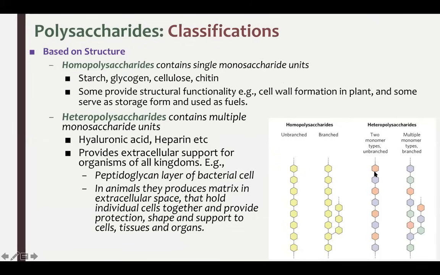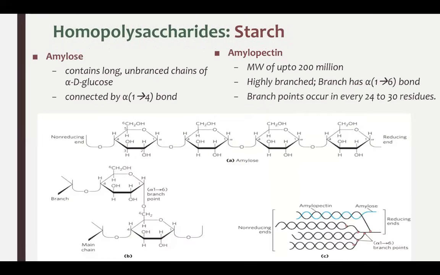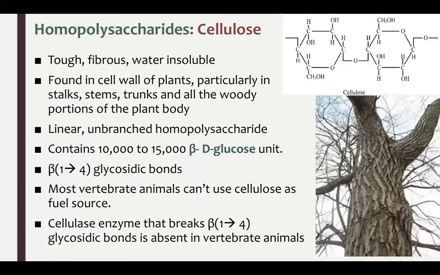So the bond is beta 1 to 3, and then this glucosamine is bound to the glucuronic acid. This bond is called beta 1 to 4. Okay, so that is what I have told you.